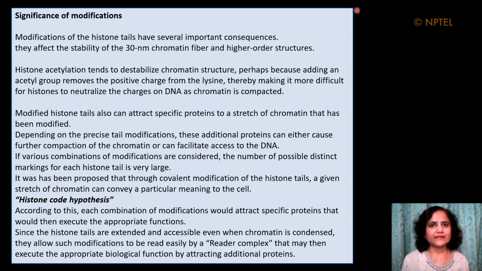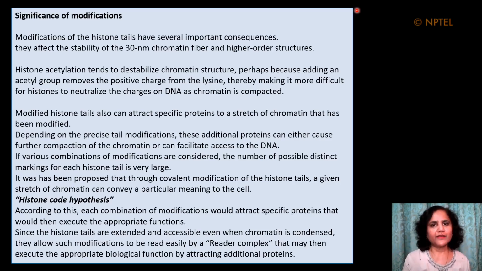Histone acetylation tends to destabilize chromatin structure, perhaps because adding the acetyl group removes the positive charge from the lysine, thereby making it more difficult for the histones to neutralize the charges on the DNA as the chromatin is being compacted.